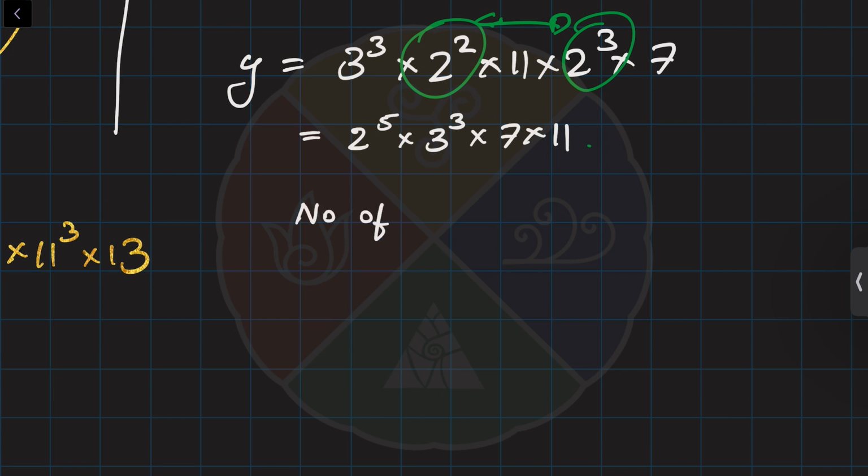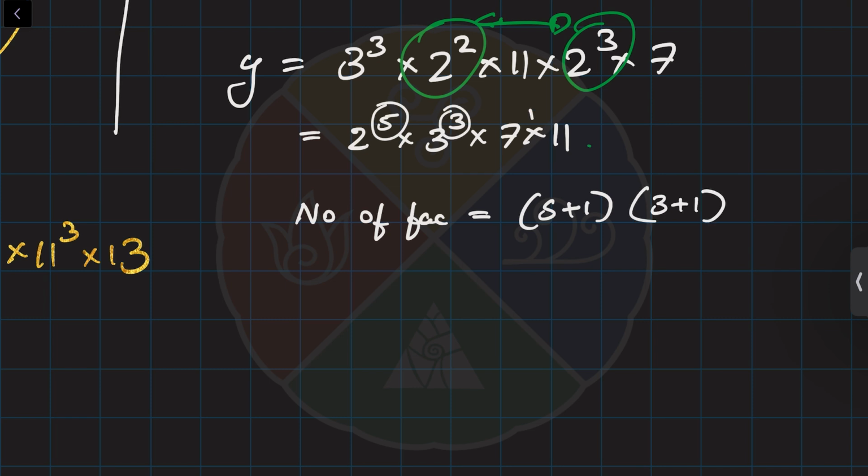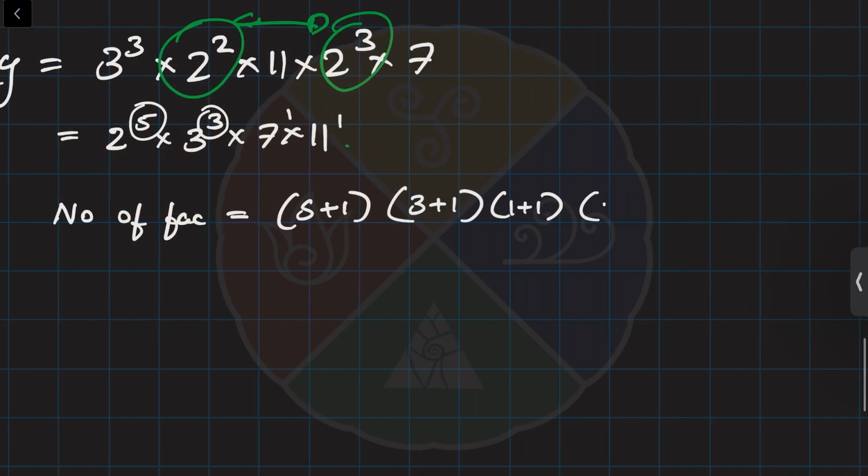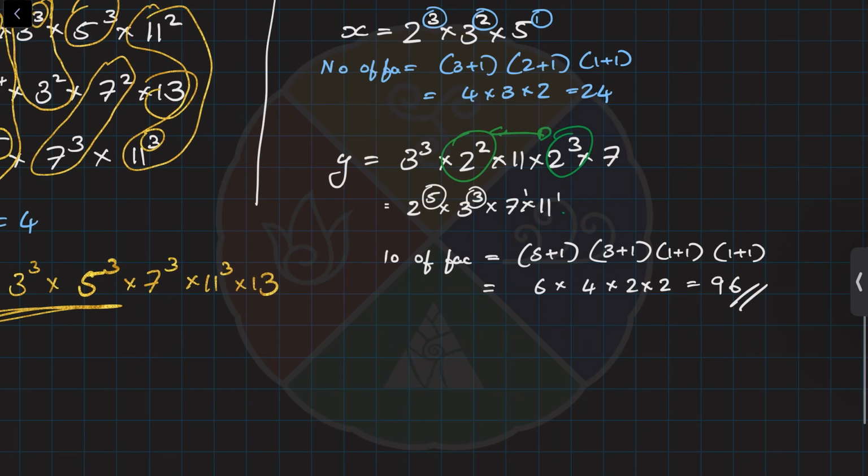The number of factors will be 5 plus 1 into 3 plus 1 into 1 plus 1 into 1 plus 1, that is 6 into 4 into 2 into 2, which will give you the answer 96 factors for that given number. Okay.